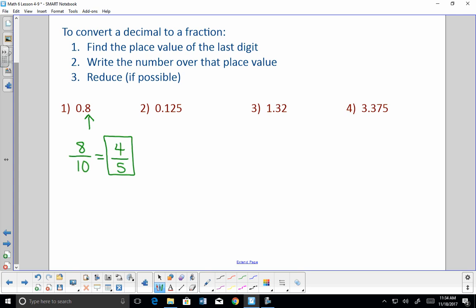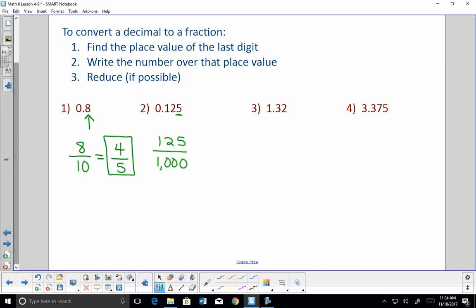If I have 0.125, the 5 is in what place value? The 5 is in the thousandths position because this is 125 thousandths. So I'm literally going to write it as 125 thousandths. That's the first thing I do. Then I need to reduce this fraction.